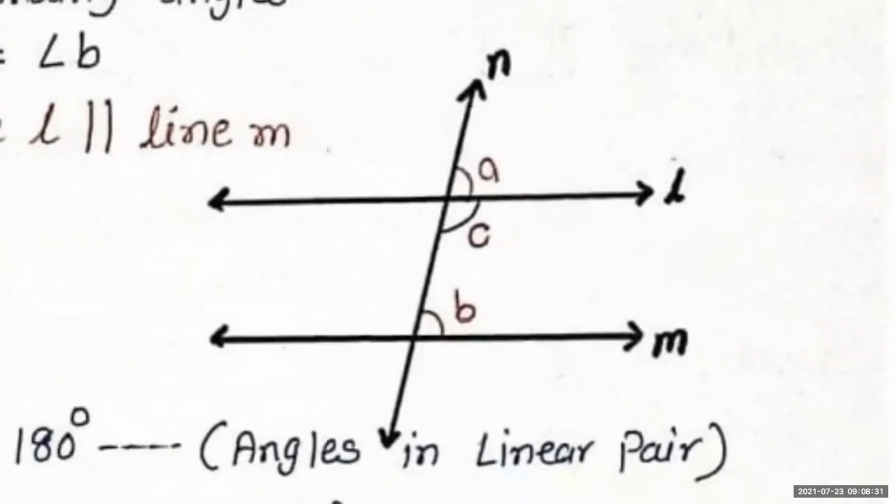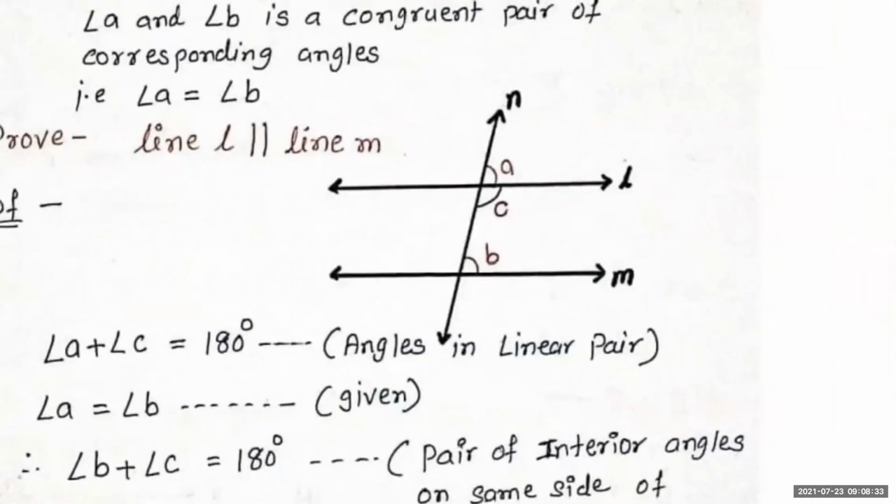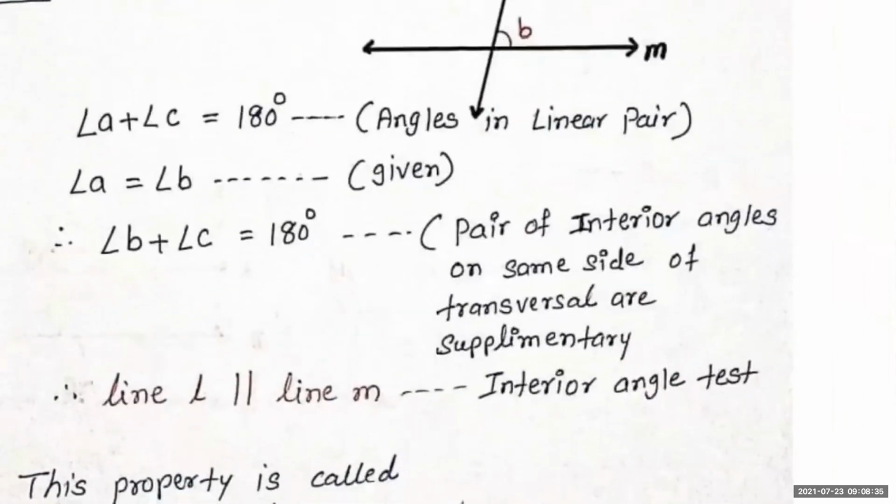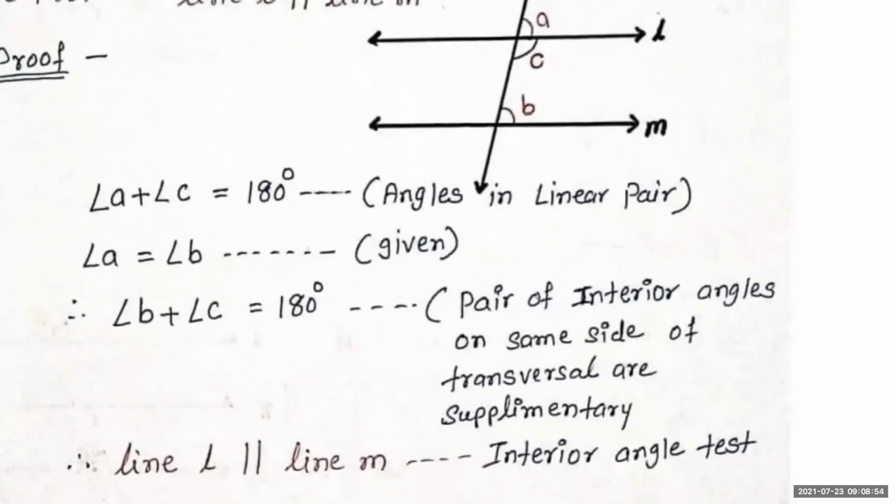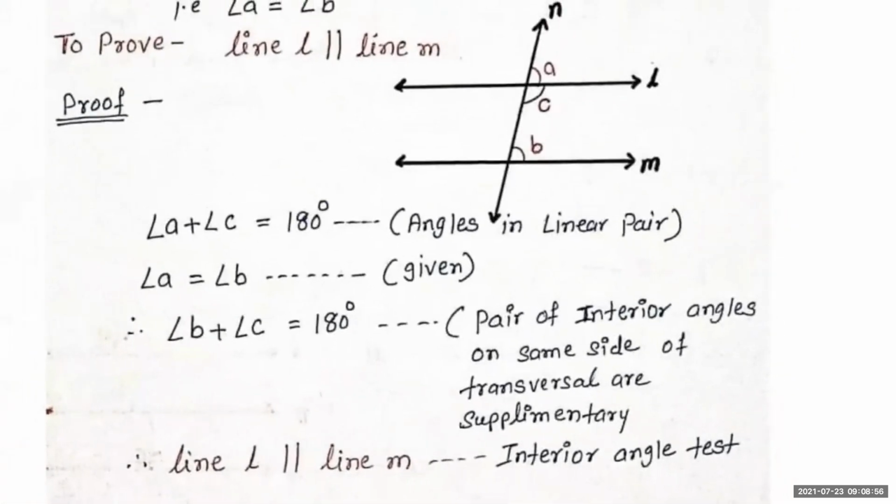So by the interior angle test, that a pair of interior angles on the same side of the transversal are supplementary, we can say line L and line M are parallel to each other.